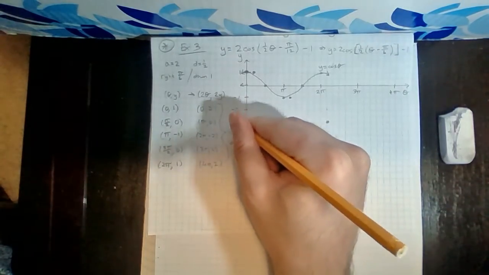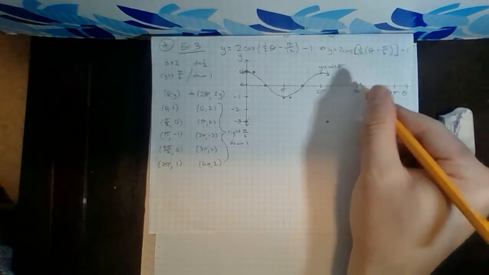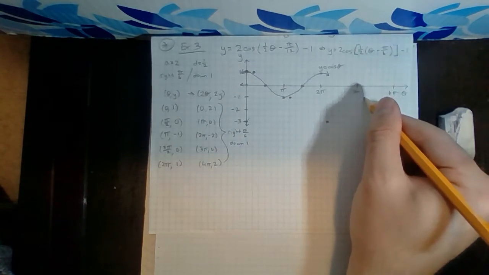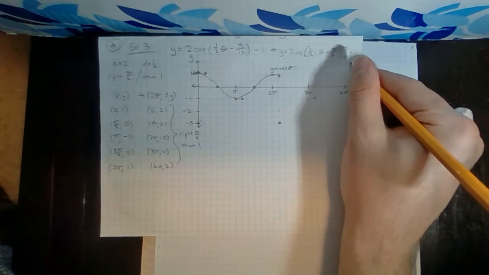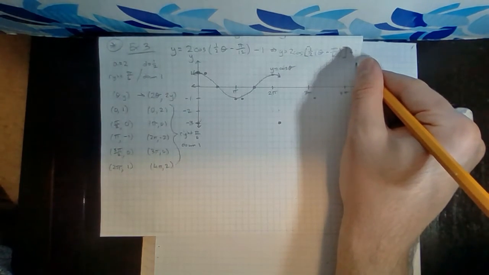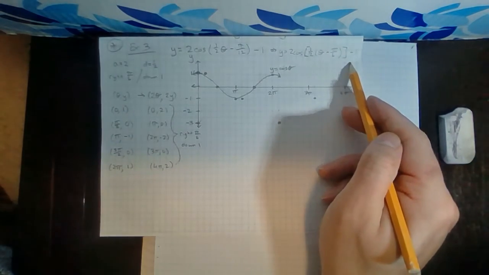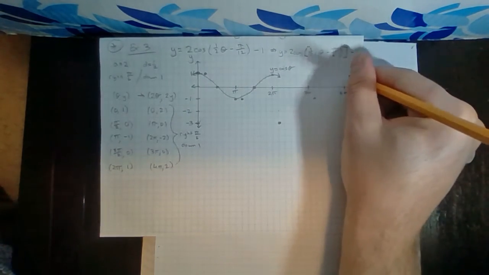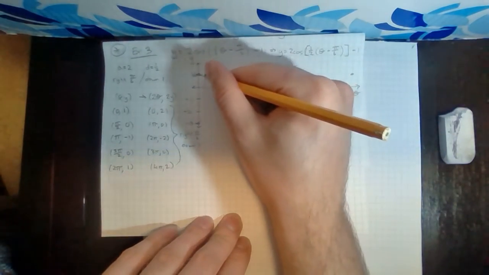Let's put a negative 3 on here. 3 pi, 0, over pi over 6, down 1. 4 pi, 2, over pi over 6, down 1.